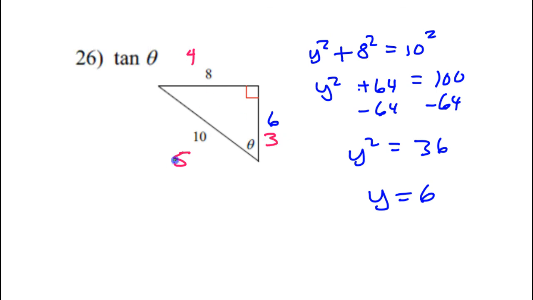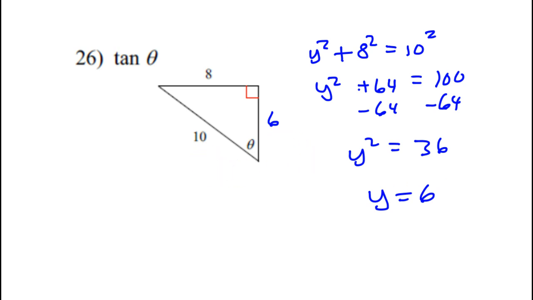It's just that they are all being doubled. This is 4 times 2. This is 5 times 2. So this side must be 3 times 2, which is a faster way to get the 6 rather than doing the Pythagorean theorem. But either way, ultimately we find out that this is 6.